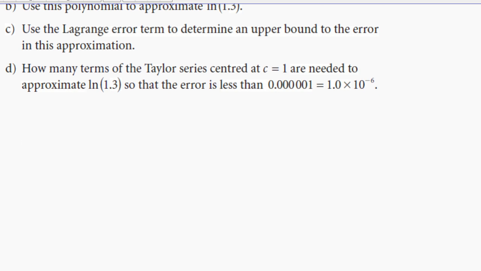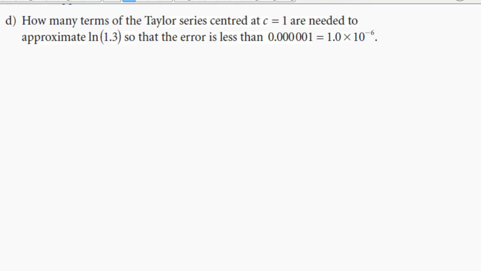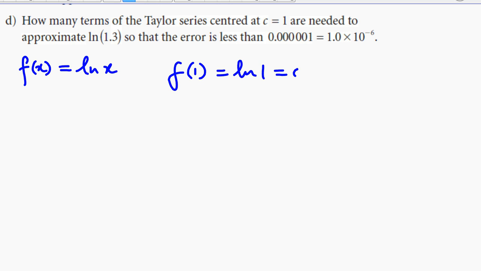So f of x is equal to ln x, and the value of this function at x equals 1 will be equal to ln 1, which is just 0.